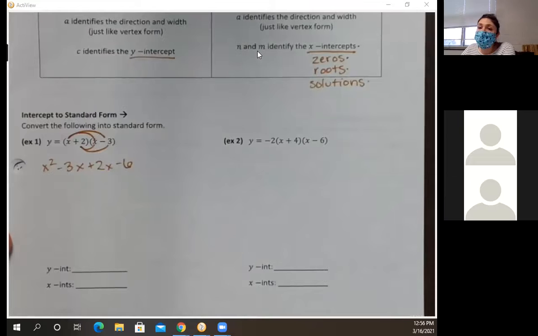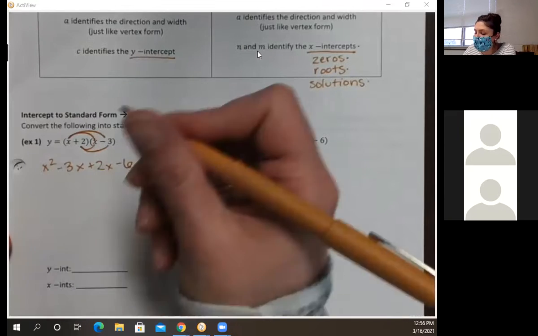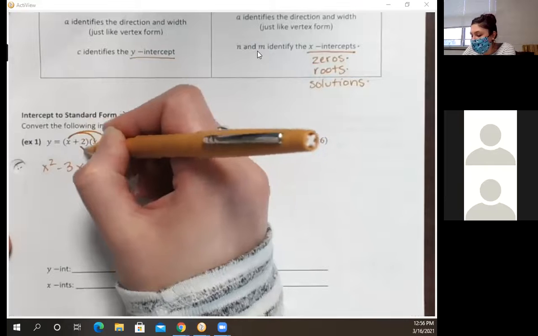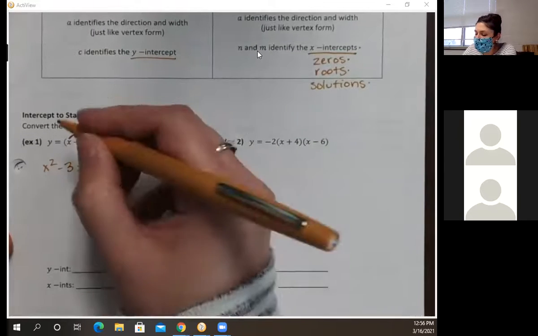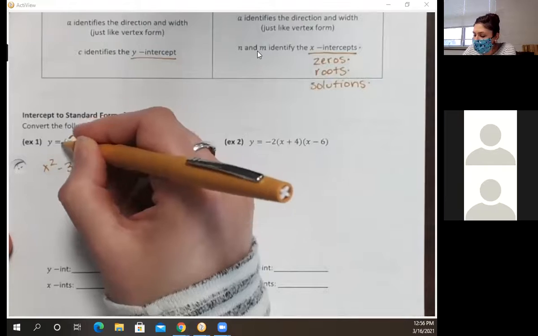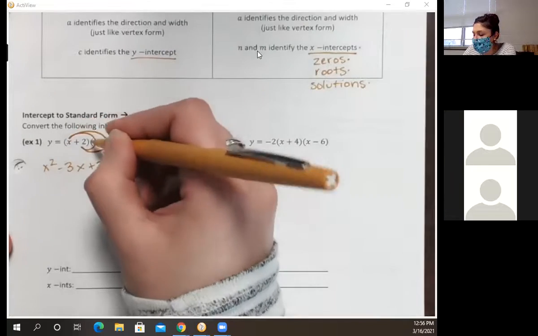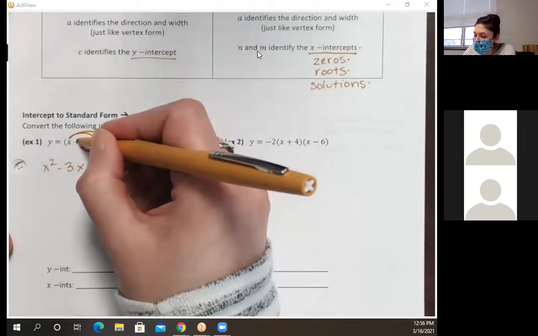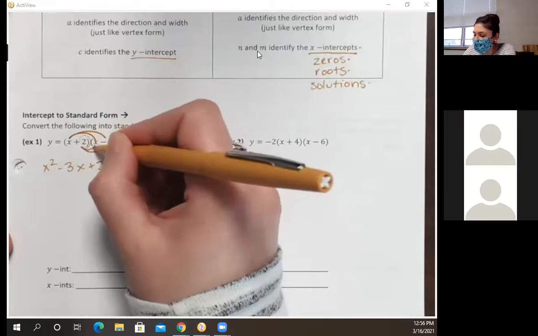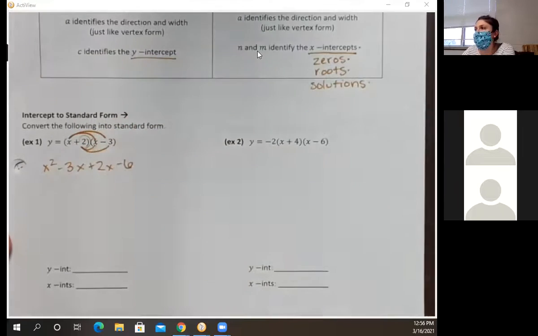I want you to be careful with your distributing. What I've seen over the last few days is people distributing parts of our problem, but not all of it. Remember, when we're distributing, I want to take this first term in my first factor and multiply it by everything in my second factor. And then I come back here and I take the second term in my first factor and multiply it by everything in that second factor.